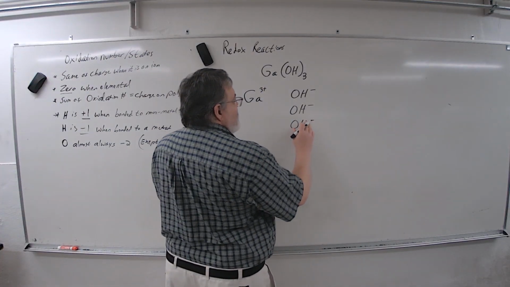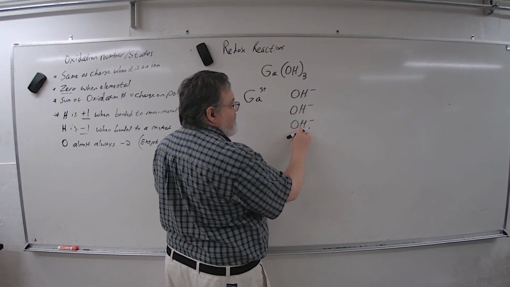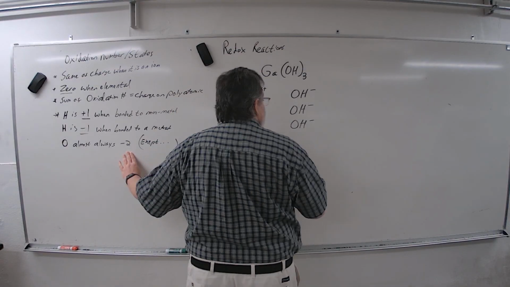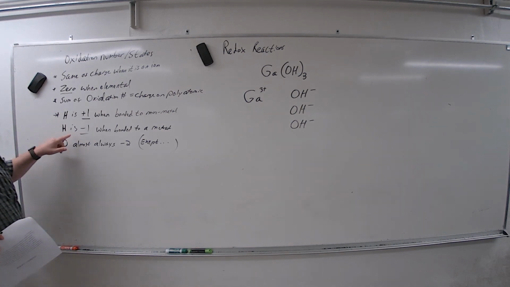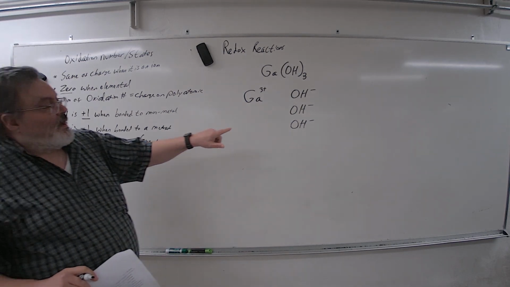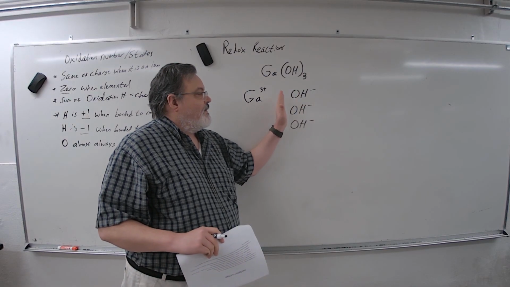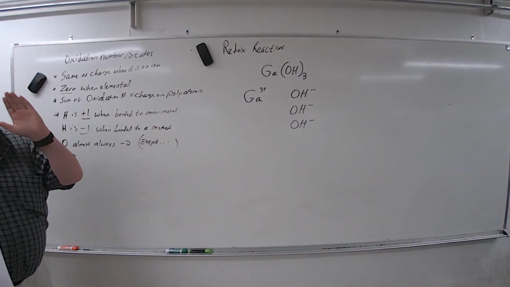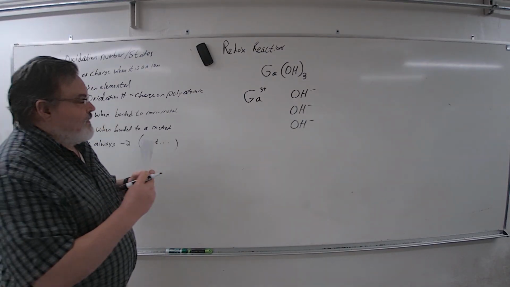All right, I need to get the oxidation number for H and an oxidation number for oxygen. Oxygen is just about always going to be -2, so it's a good place to start. But there's also this rule: I have hydrogen here, it's bonded to oxygen. So hydrogen is bonded to a metal or a non-metal? Non-metal. When hydrogen is bonded to a non-metal, it's +1.